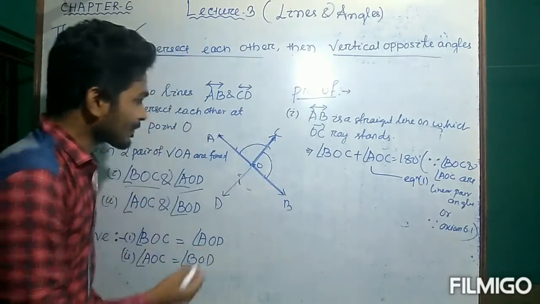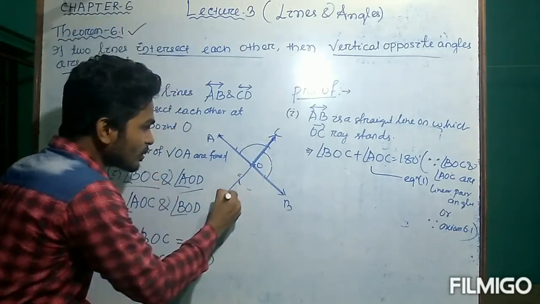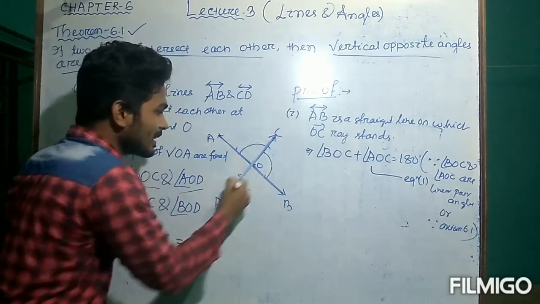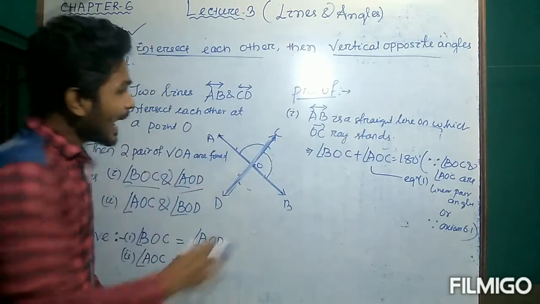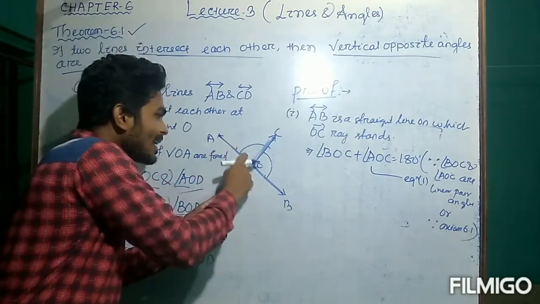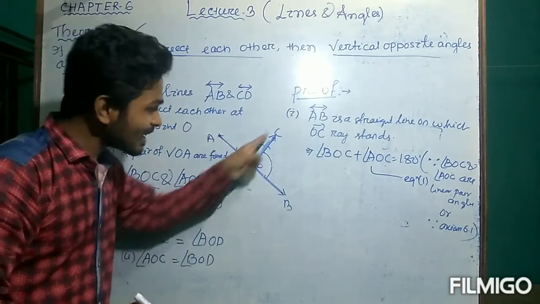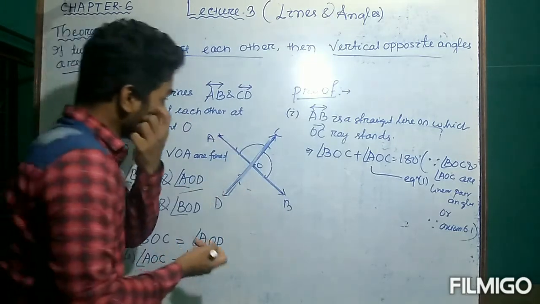Right. Next thing, see, CD is also a straight line or not? Yes, CD is also a straight line, and on this straight line OA is a ray which stands on this line. So write it.